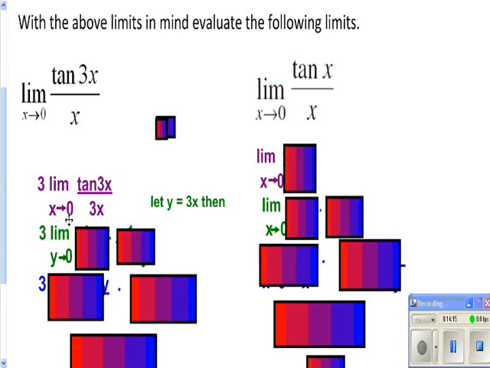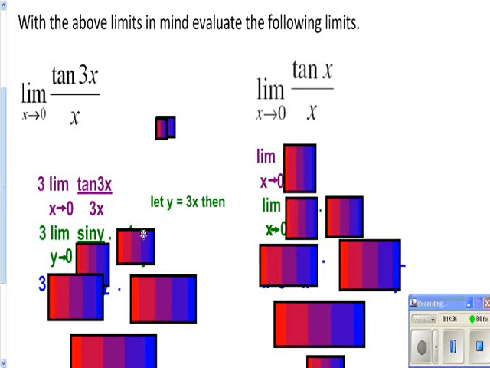So I have 3 times my limit. Now, to technically use my basic trig limit, I can only have one thing here, not necessarily a 3 in front of it. So I'm going to let y represent 3x. So on the top, instead of having the tangent of 3x, I'll have the tangent of y. And remember, tangent is sine over cosine.